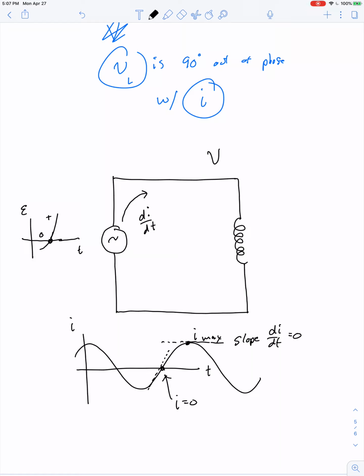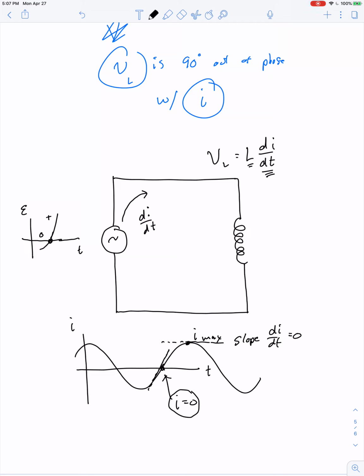And the voltage across an inductor is directly proportional to the rate of change of current. In fact, its magnitude is equal to the inductance times the rate of change of current. So when the current is the least, the rate of change of current is the most, and therefore the voltage is the most.